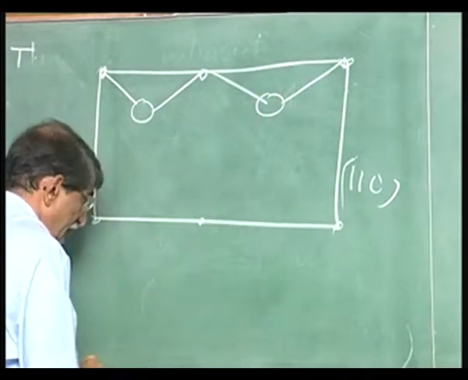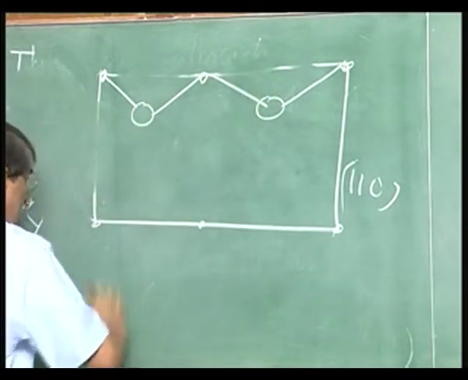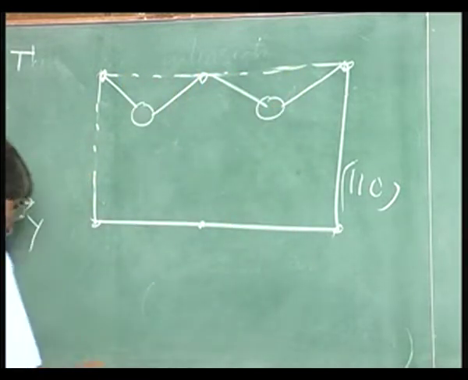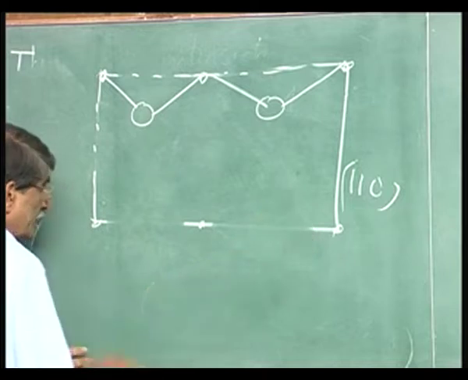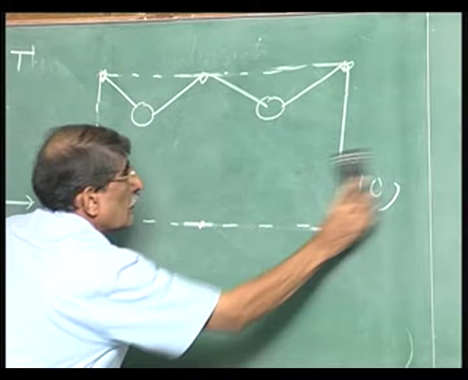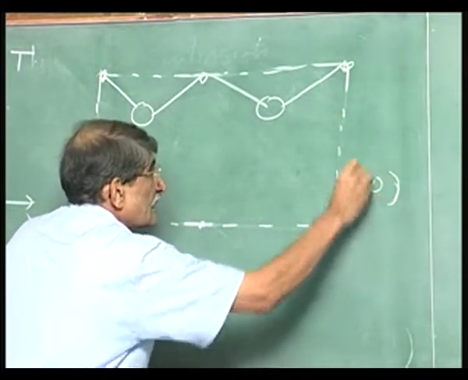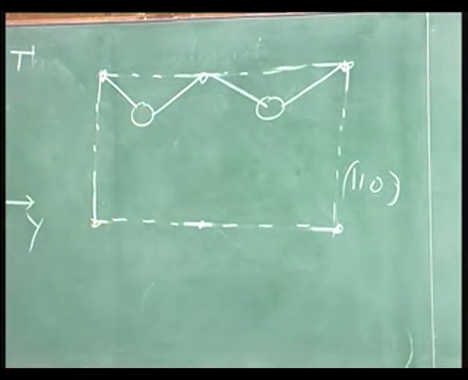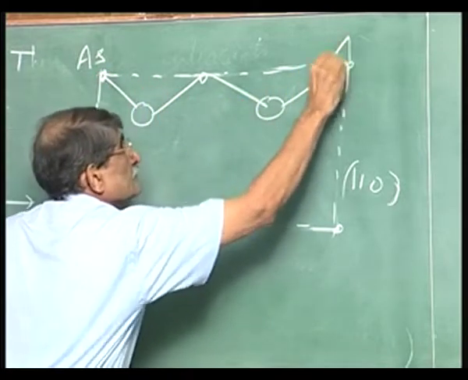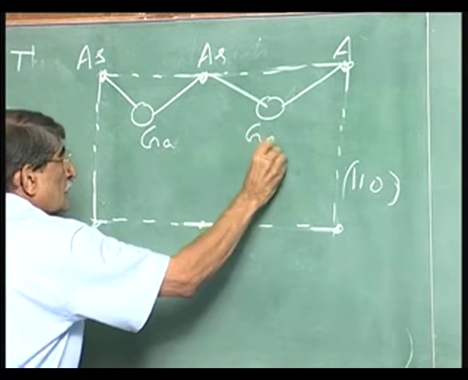In fact, I should not put this; bond is only there. This is the boundary which I am marking. I am drawing it by dotted line to distinguish the actual bond and this boundary. So, you have got the arsenic, arsenic, arsenic, gallium. You have got the diagram there.